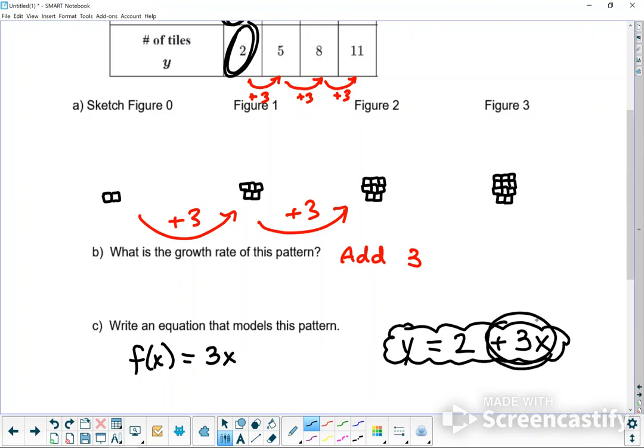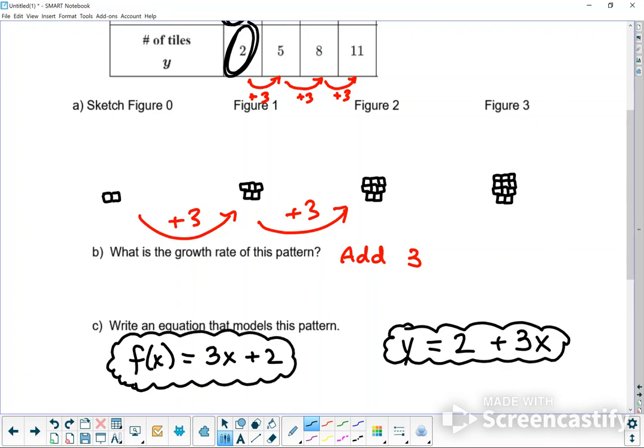If you look here, it's positive 3x, which is the same as my positive 3x. And then you look here, it's a positive 2. So I'm going to put plus 2. And this right here will also be acceptable. So you can do y equals, or you can do f of x, and then you can write it as 3x plus 2, or you can write it as 2 plus 3x. Either way is fine. All right.